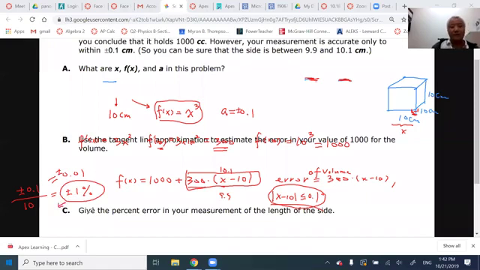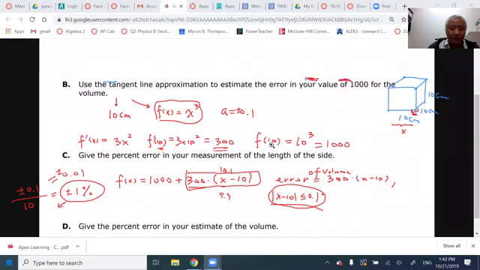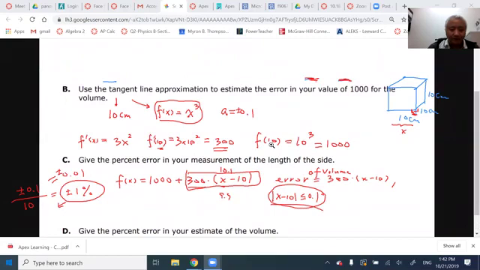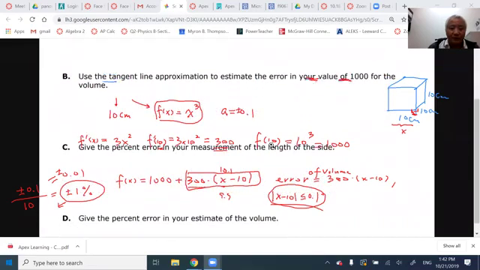Okay? For C. And then you have one more part of this question, D here, okay? So what does D say? Give the percent error of the estimate of the volume. So when you say percent error of the volume, what you need to do is go by the error of the volume over the volume, right?